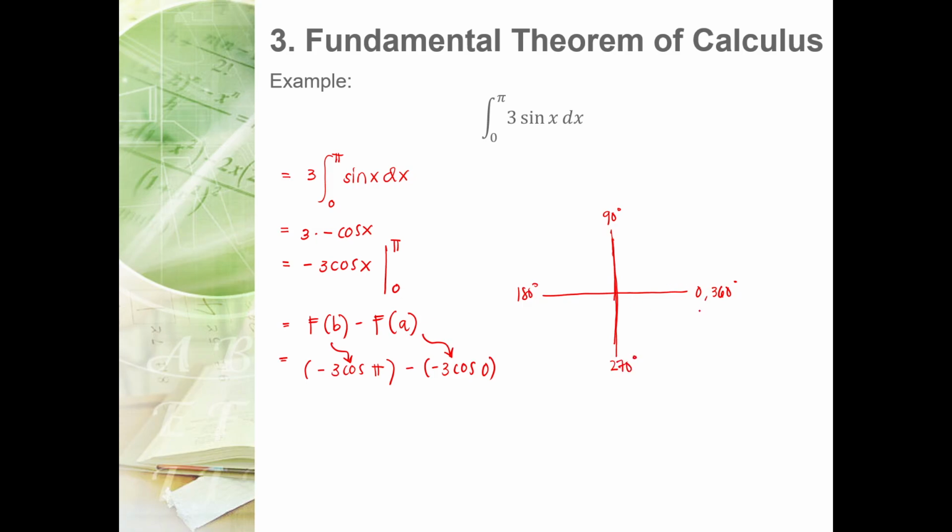Or in terms of pi, this is 0 or 2 pi, this is pi over 2, this is pi, this is 3 halves pi. Okay.